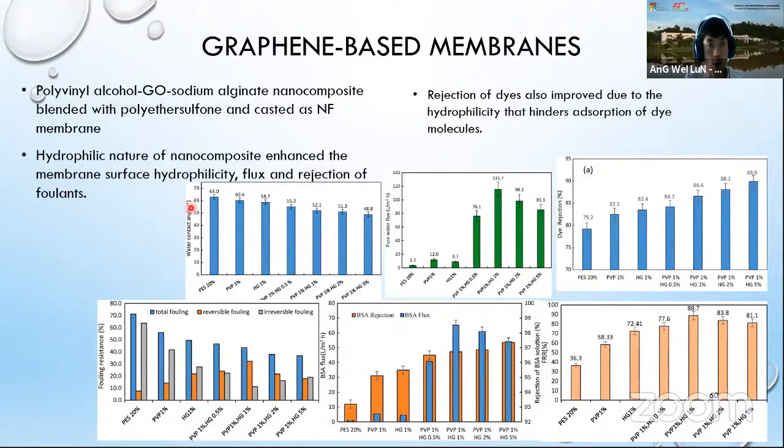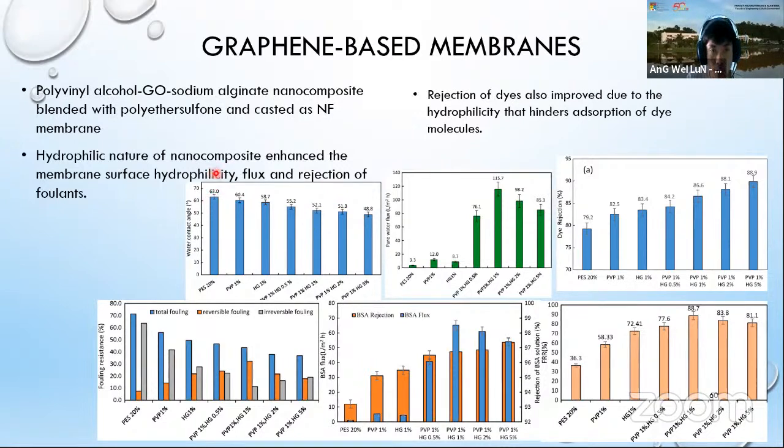Some use a polyvinyl alcohol, graphene oxide, sodium alginate nanocomposite blended with polyethersulfone, cast as a nanofiltration membrane. The benefit is that graphene oxide is highly hydrophilic, so it turns the membrane into a hydrophilic layer, which is represented by the water contact angle.